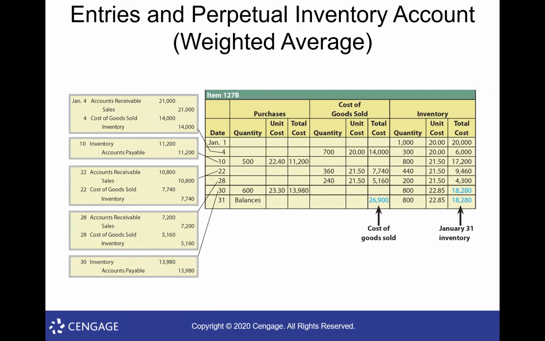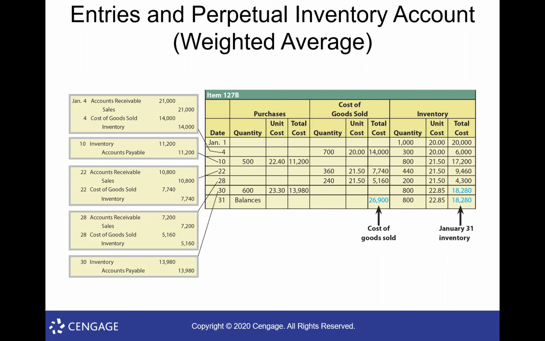Then we purchased 500. Remember, with first in, first out and last in, first out, we kept the units listed separately. When we do weighted average, we say I had 300, I purchased 500 more, so now I have 800.